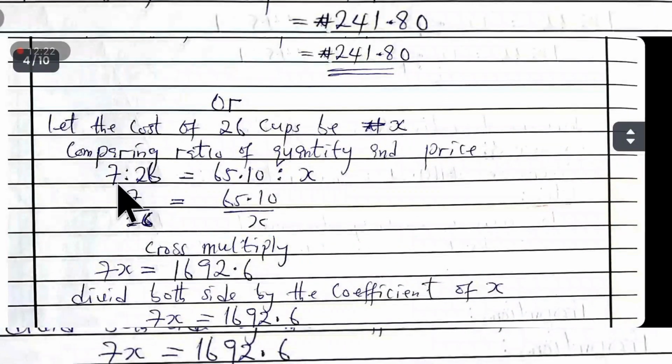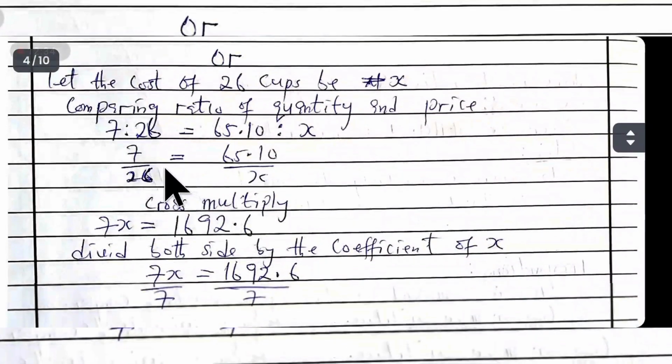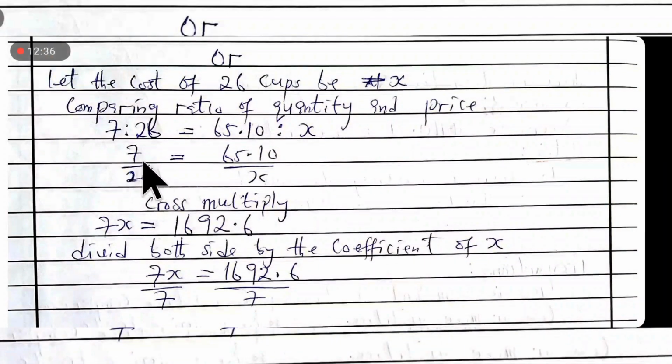All right, so 7 ratio 26 is the same thing as 7 over 26 equals 65.10 ratio x, which is the same as 65.10 all over x. So you do your cross multiplication. 7 times x is 7x. Then 26 times 65.10 will give us 1692.6. So we divide both sides by the coefficient of x. The coefficient of x is 7.